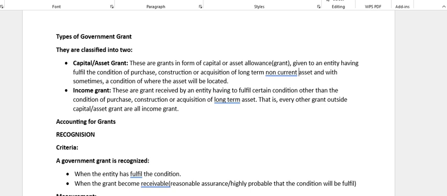That is, whatever machinery that you buy to supply this energy, they are going to give you 20% concession. That 20% that they are giving to you is a grant.